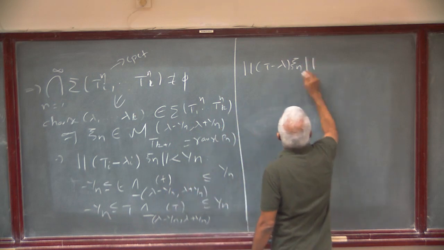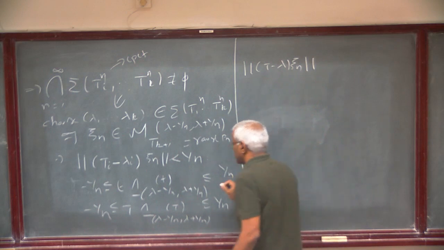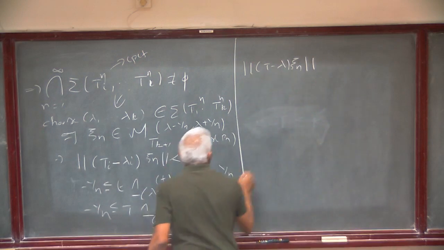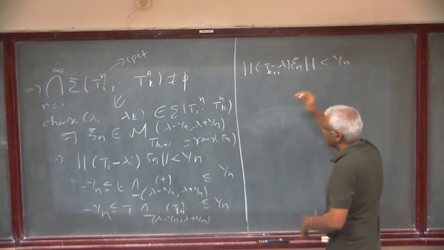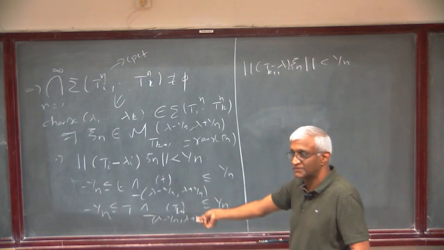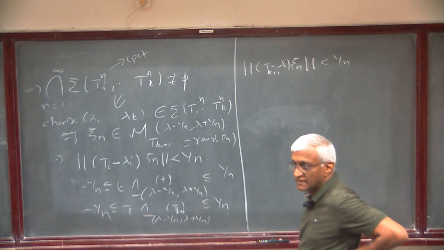The norm of Xn, this is k plus 1, sorry. This is less than 1 by n, which is automatically true because Xn comes from that space.